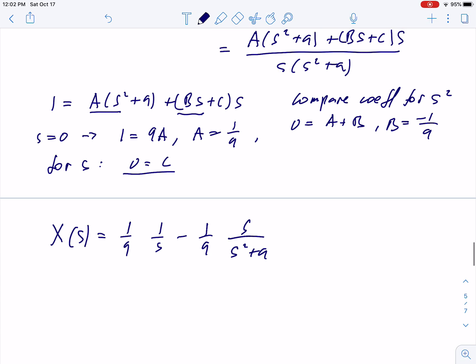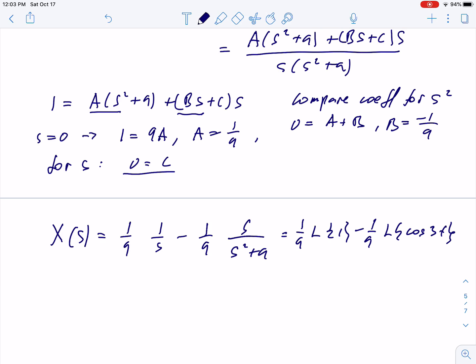We can invert immediately. This will be 1/9 Laplace transform of 1 minus 1/9 Laplace transform. We can recognize cosine 3t here. Cosine 3t.